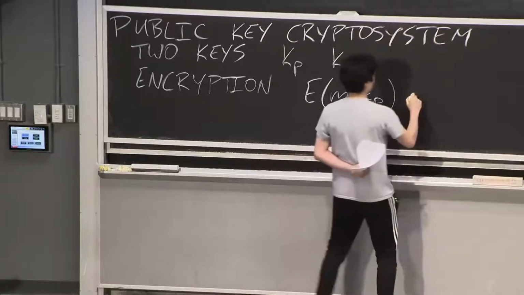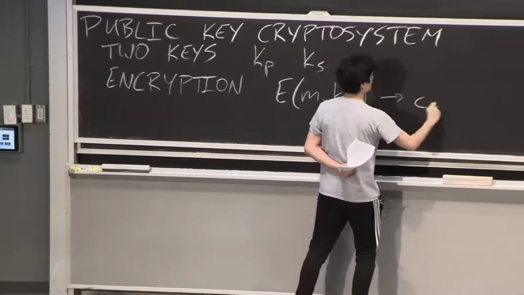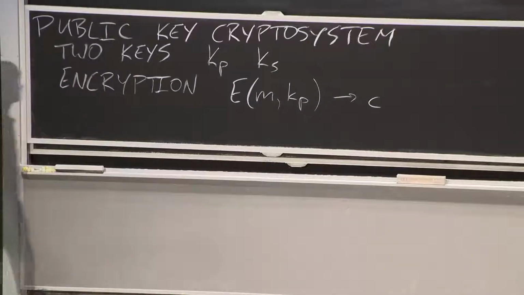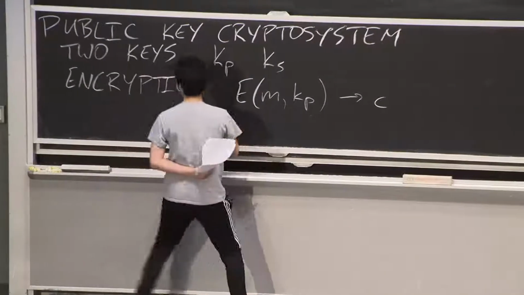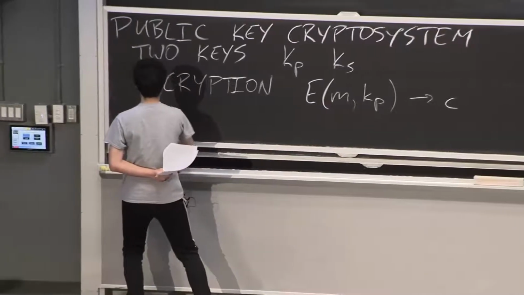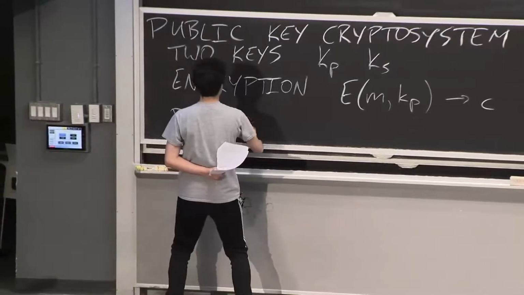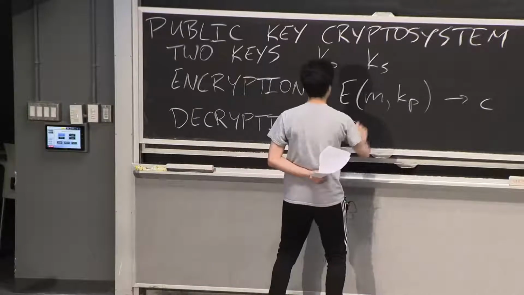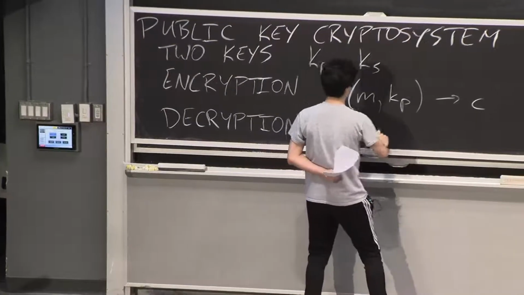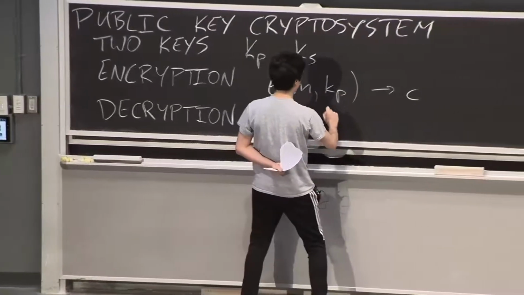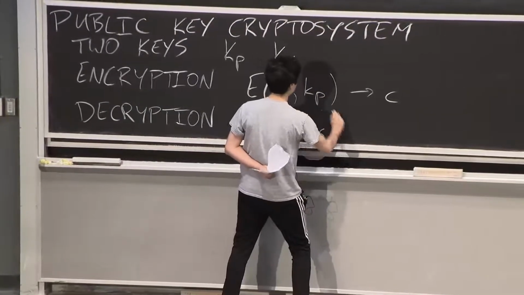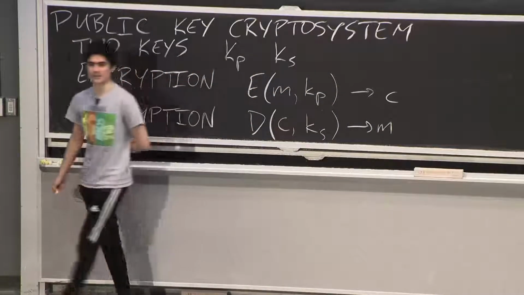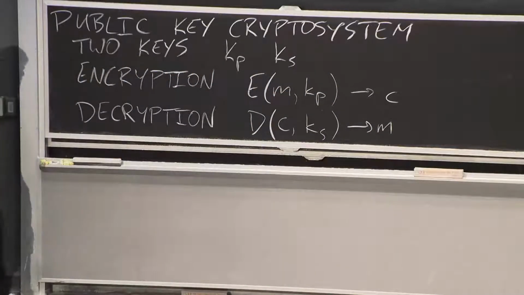And this will output some ciphertext C. Then we're going to have a different decryption algorithm, D, which will hopefully take this ciphertext C and, this time, the secret key, and it should output the original plaintext message M.